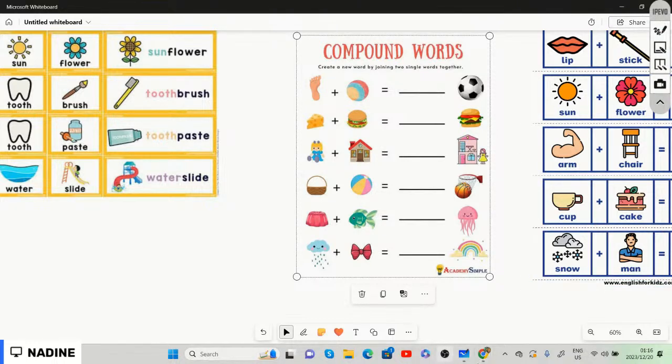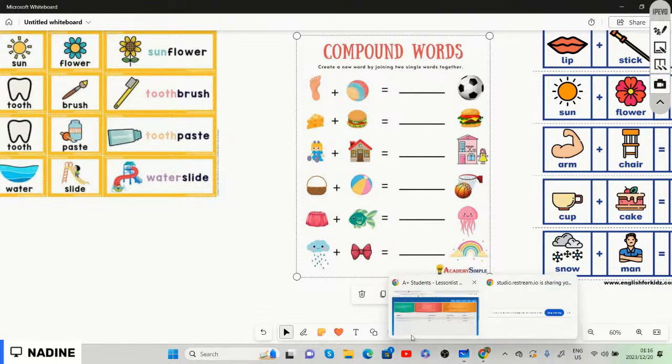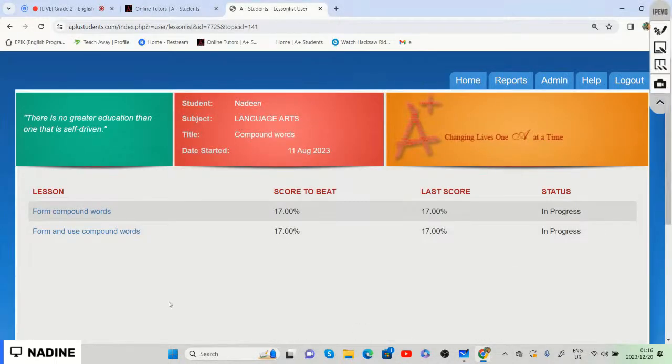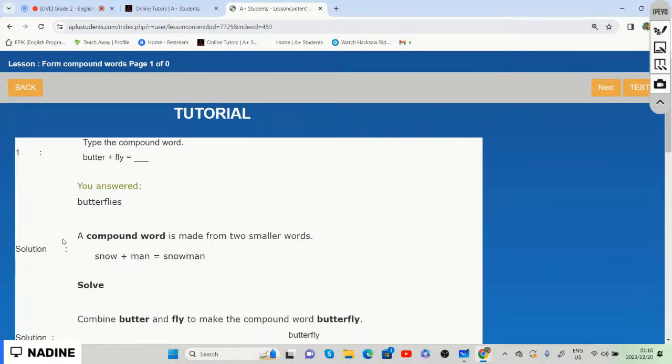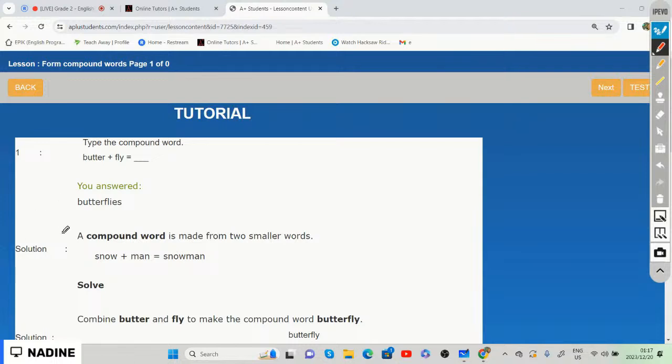All right, so now we're going to aplusstudents.ca. And we said our chapter is compound words. So now we're going to the first lesson where we're going to form compound words. And we said a compound word is made from two small words.